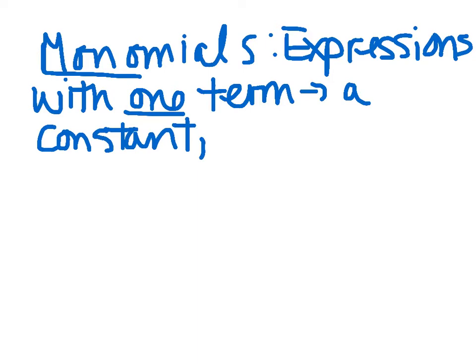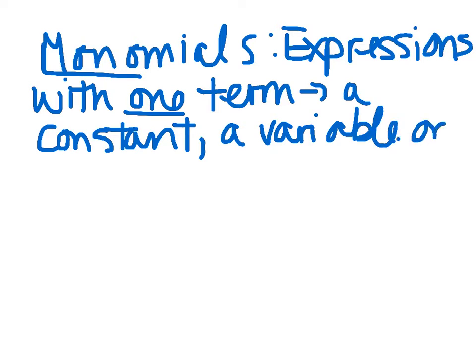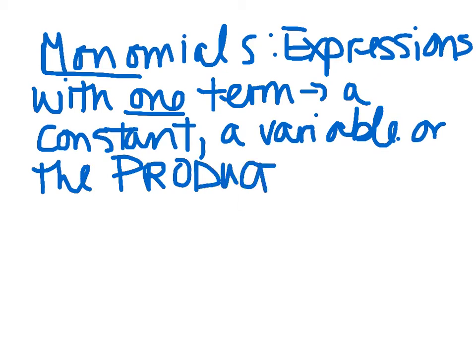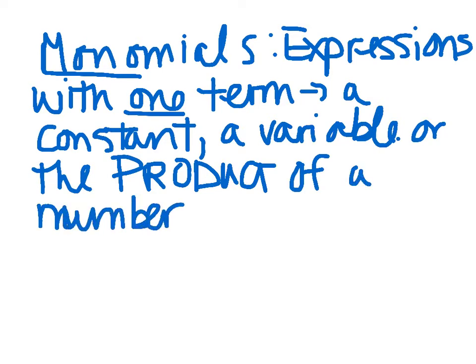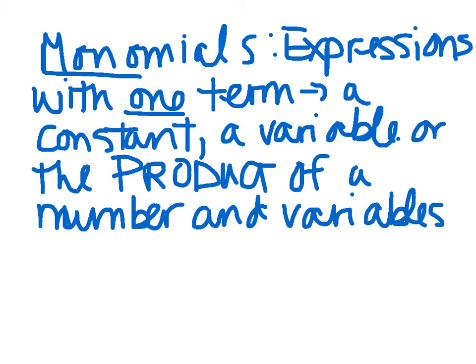It could be a variable, or the product, and this is important, product means multiply, of a number, there's always only one, and variables. So let's look at some examples because this has some key little parts.